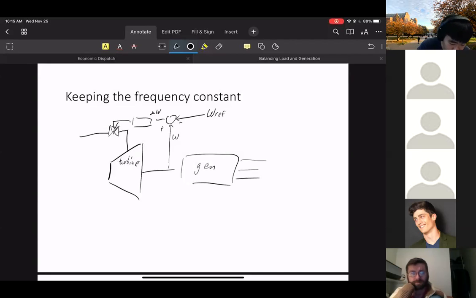So this is a regulator. And this regulator adjusts such that we always track the frequency.